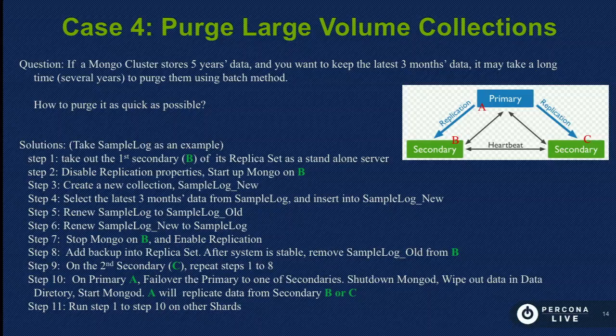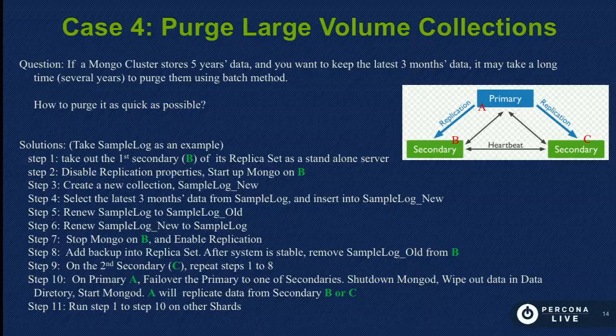Then we create a new collection, like sample log new. From the previous collection, we get all the 3-month data and insert it into this new collection. Then we use the rename method to switch them.